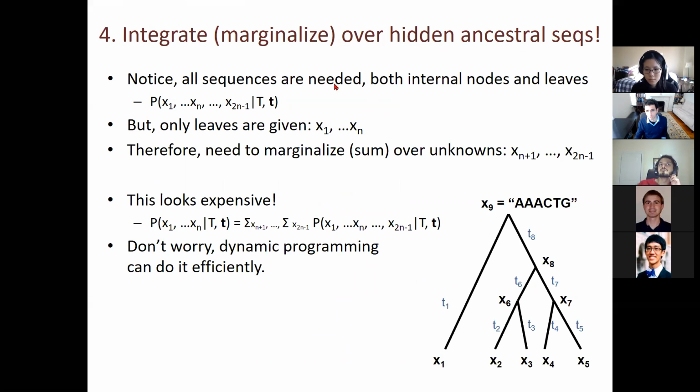So notice all of the sequences are needed, both internal nodes and leaves, but only the leaves are given. Therefore, we need to marginalize, to sum, to integrate over all of the unknowns, which are the internal sequences.